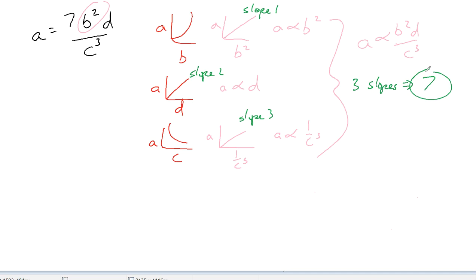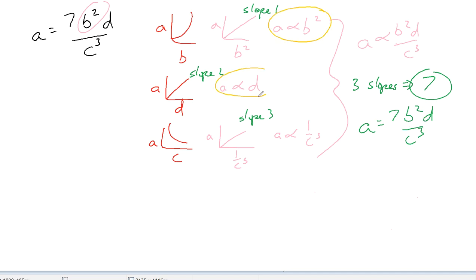Once I have the constant, I could say a is equal to 7b squared d over c cubed, and that's how it works. This is what is done to make all formulas. Every formula you've ever used in physics, chem.